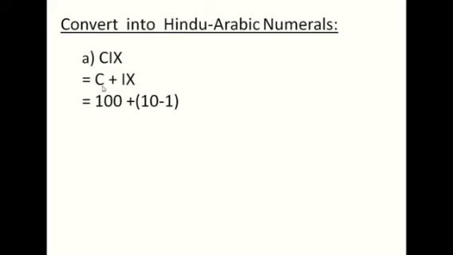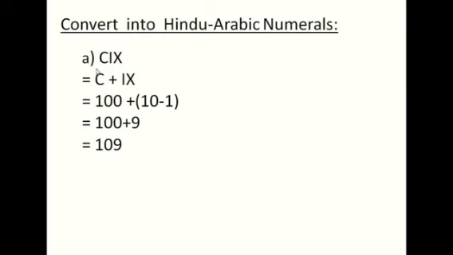So here C means 100 and 9, here I have derived the 9, means X 10 minus 1, as I is on the left. So the minus rule says it should be subtracted. So 100 plus 10 minus 1. So it is 100 plus 9. So it is 109.